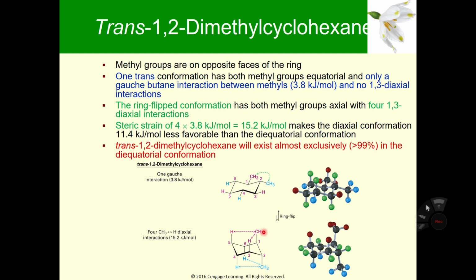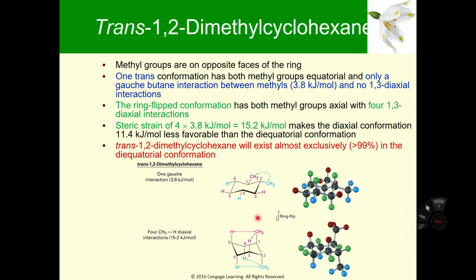But in this case, these two methyl groups are in axial positions, okay? But it will undergo ring flipping. If it undergoes ring flipping, axial will change into equatorial, and equatorial will change into axial. So therefore, this blue will become equatorial. This red will also become equatorial. And by ring flipping, there are two conformers of trans 1,2-dimethylcyclohexane.